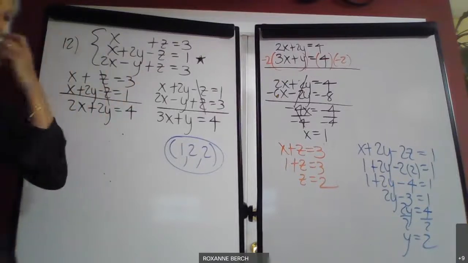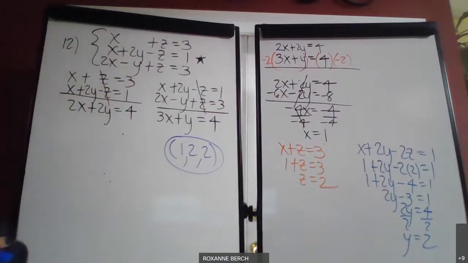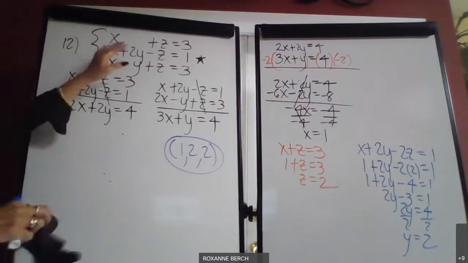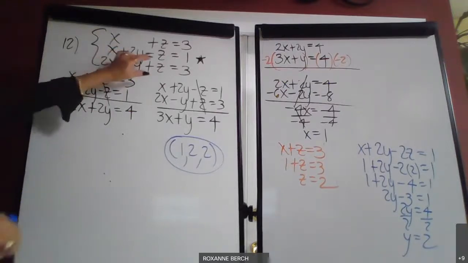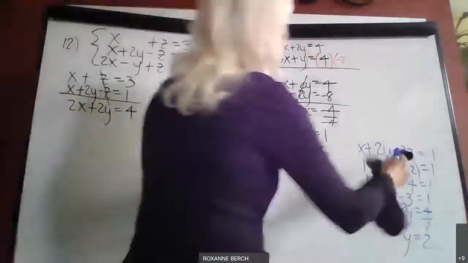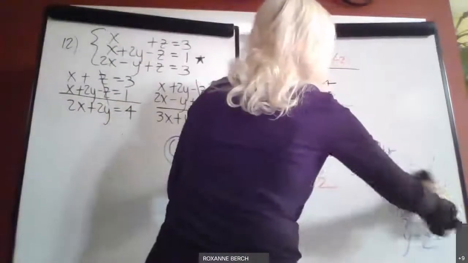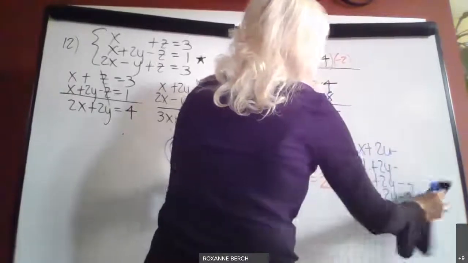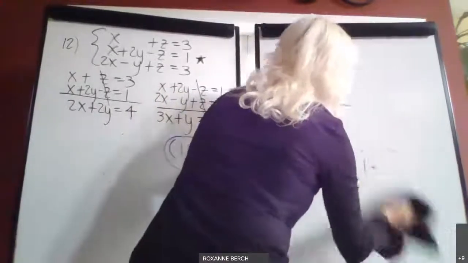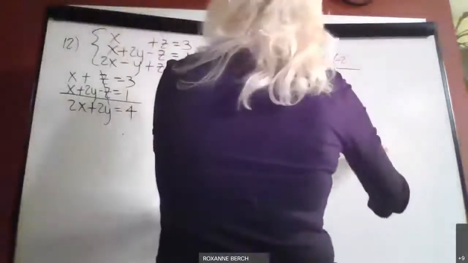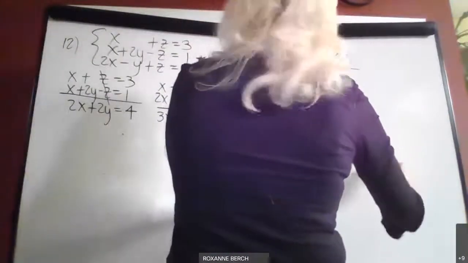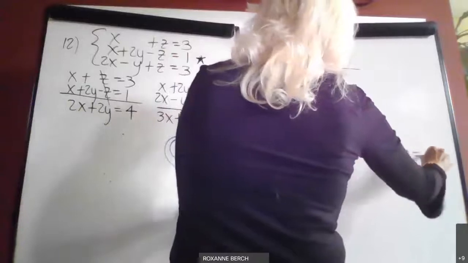So the x is okay. The y, let me check it. Oh, I didn't put it in. This should be x plus 2y minus z, not 2z. You guys aren't following me very close. Not helping me out. So it should be x plus 2y minus z equals 1.